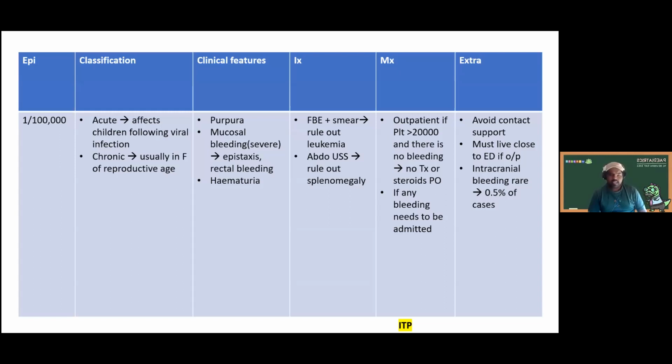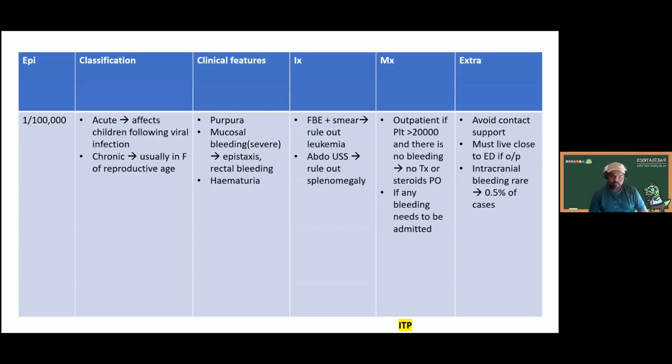So in terms of ITP, it is quite rare, and it's usually seen in children following a viral infection, like I said before. But there is also a chronic form of ITP that can be seen in females of reproductive age. The main clinical feature is purpura, because you're reducing the amount of platelets in the blood.